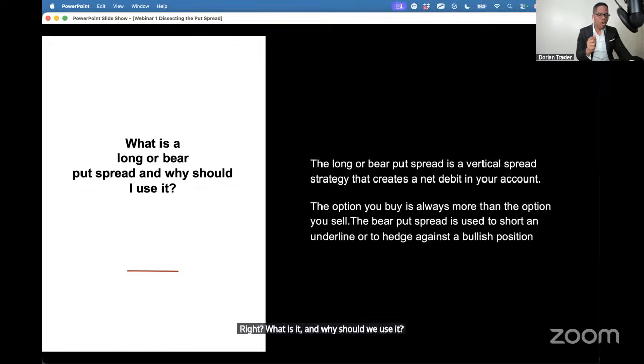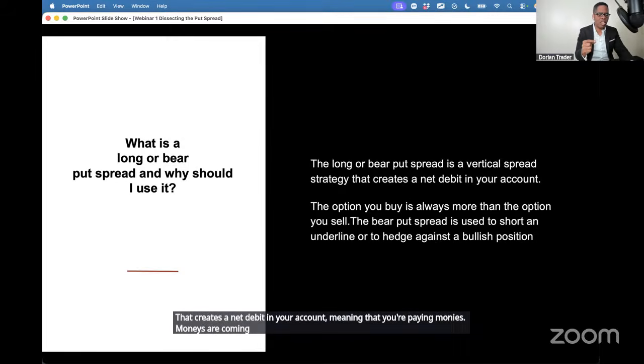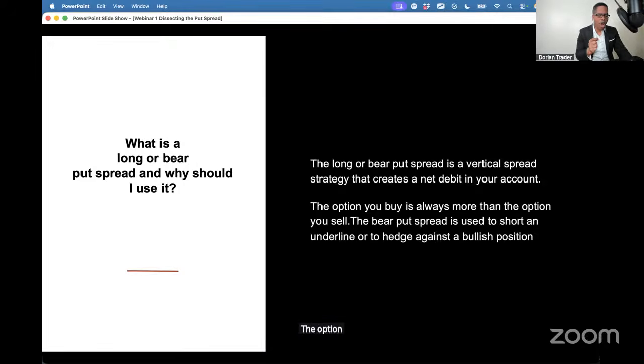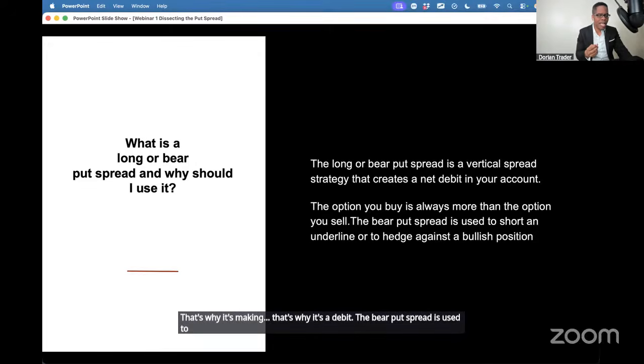The long or bear put spread is a vertical spread strategy, vertical meaning up and down, that creates a net debit in your account, meaning that you're paying money. Money is coming out of your account, as we talked about earlier. The option you buy is always more than the option you sell. That's why it's a debit. The bear put spread is used to short an underlying or to hedge against a bullish position.